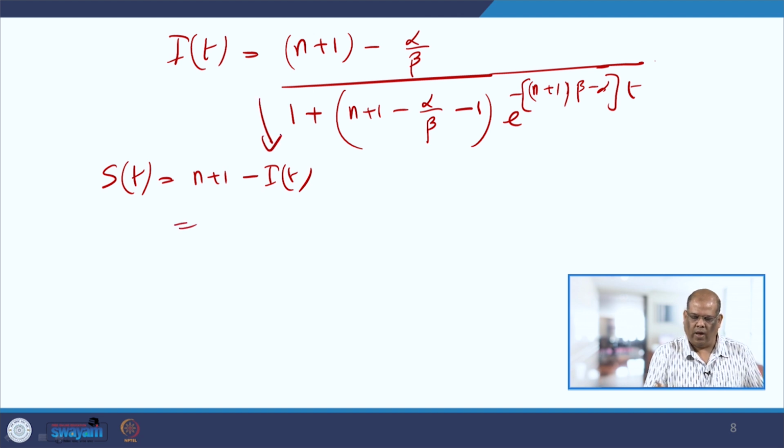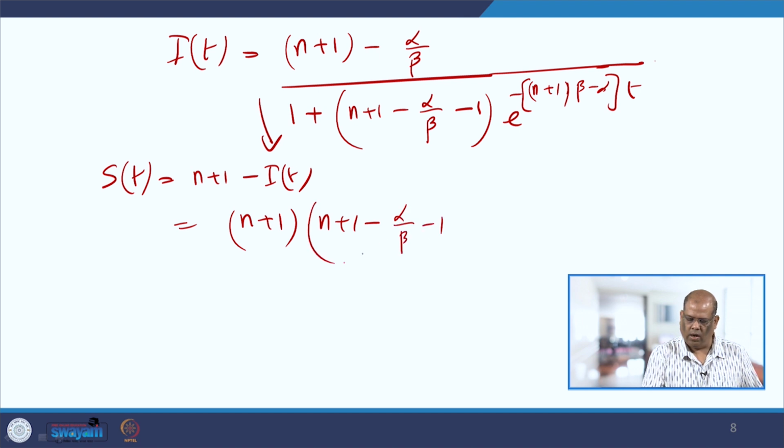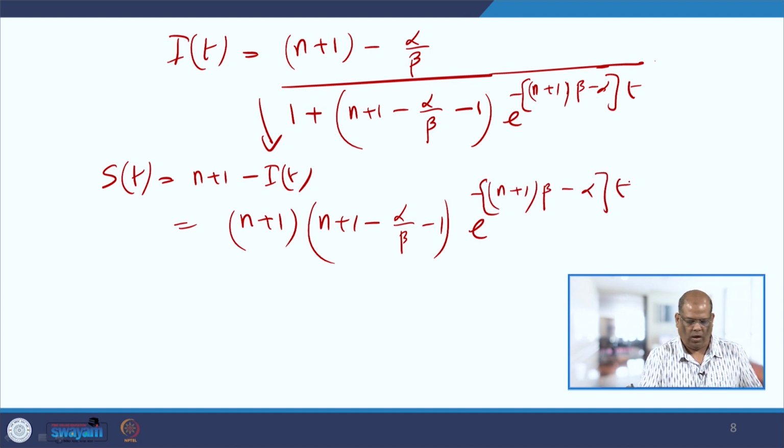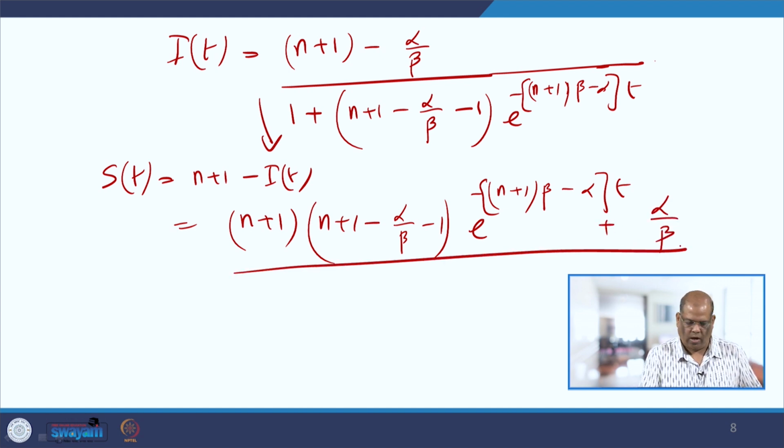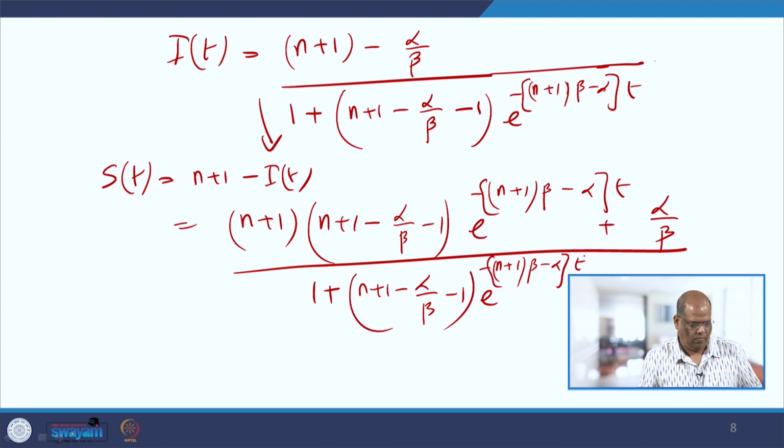So if I substitute this value and simplify, I will get St to be (n plus 1) into [(n plus 1 minus alpha by beta minus 1) e to the power minus (n plus 1) times (beta minus alpha) into t, plus alpha by beta]. This whole thing is divided by 1 plus (n plus 1 minus alpha by beta minus 1) e to the power minus (n plus 1) times (beta minus alpha) into t.